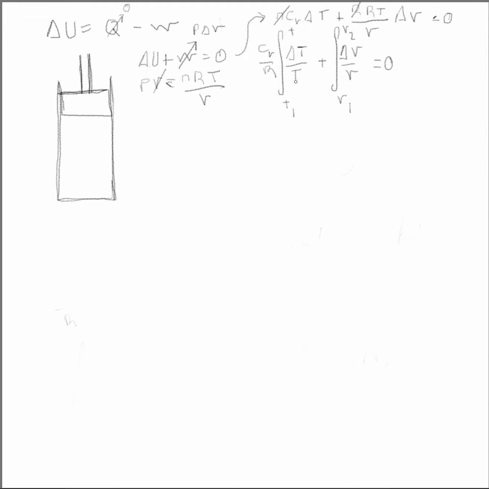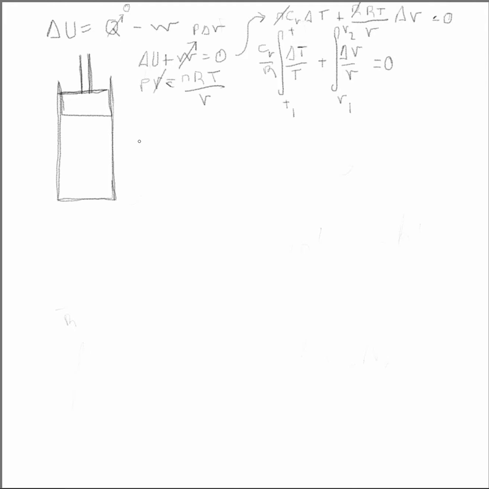Our variable is in the denominator, and it's to the first power, so that's the natural log. And it's going to be the natural log of T2 minus the natural log of T1, but we can rewrite it as the coefficient.